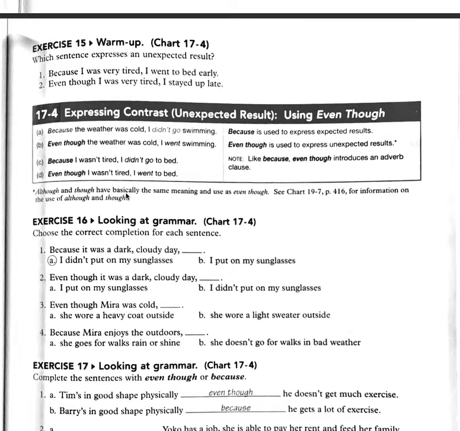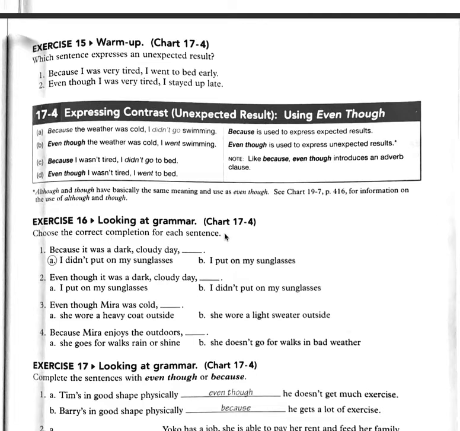Although and though have basically the same meaning as even though. And we're going to see this later on in chapter 19, for information, the use of although and though, okay? So remember, because expected result, even though unexpected.